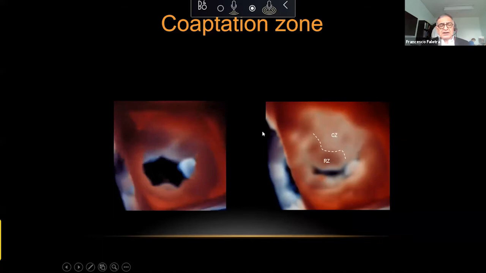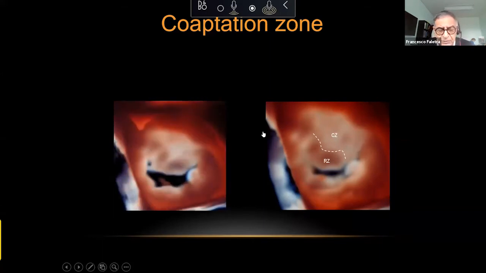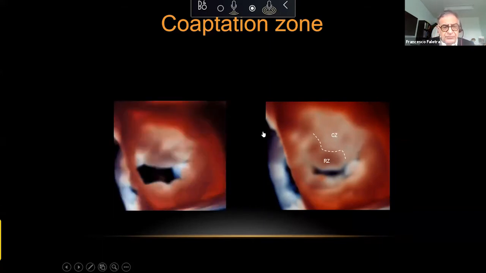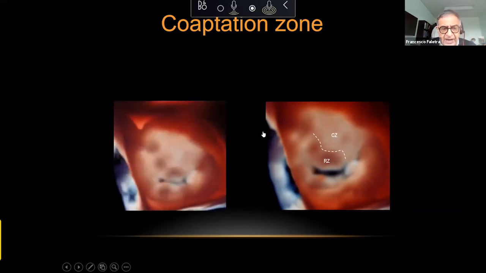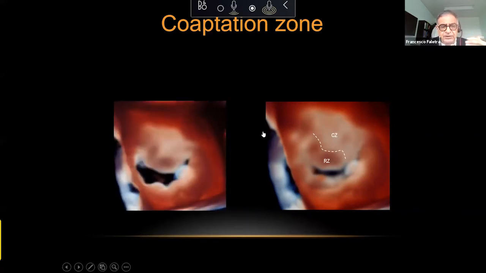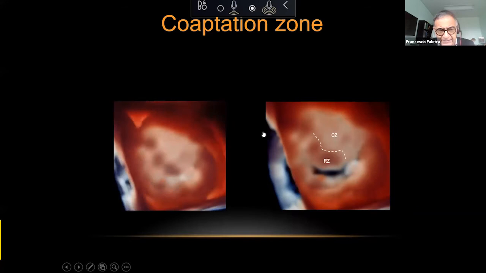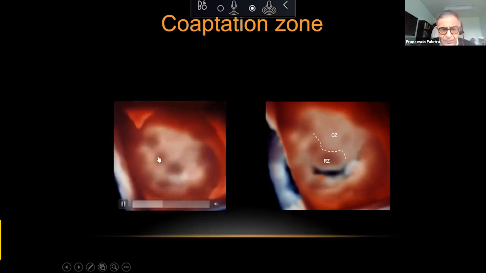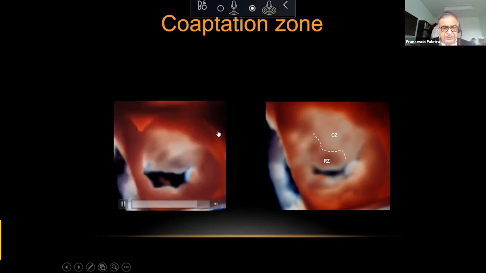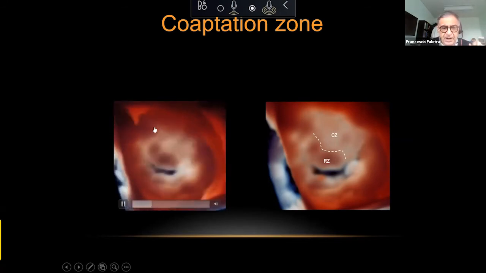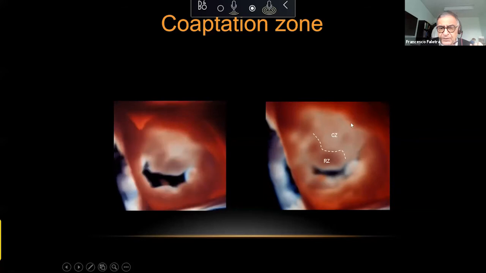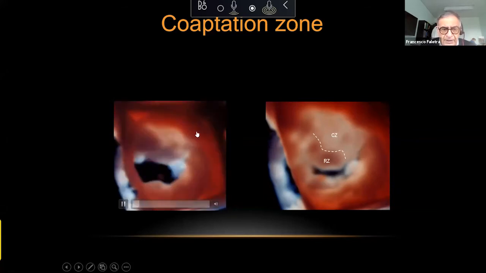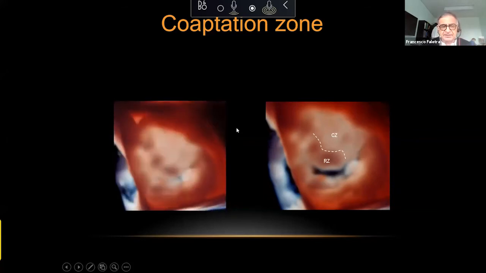And this image is made by a new system which changes the source of light. If you put the source of light behind the valve, then you can easily distinguish the rough zone, which is thicker because of the chordae tendineae touching there, from the clear zone, which is more trans-illuminated.